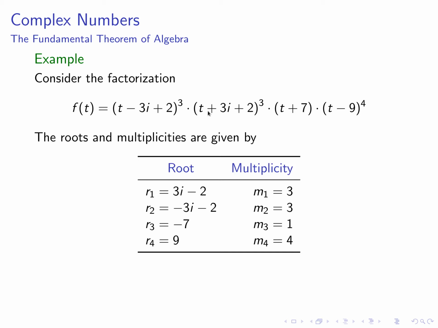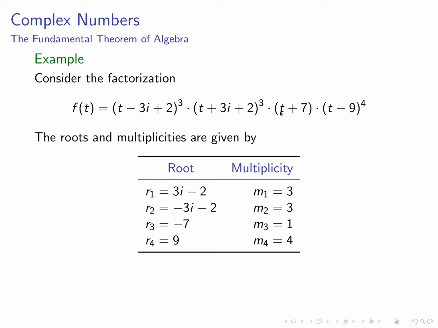In the next term here, this term is (t plus 3i plus 2) cubed. This is the same thing as t minus the quantity negative 3i minus 2, cubed. So the second root of this polynomial is negative 3i minus 2, and its multiplicity is also equal to 3 because the exponent in this term is equal to 3.